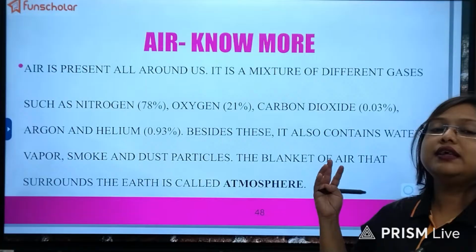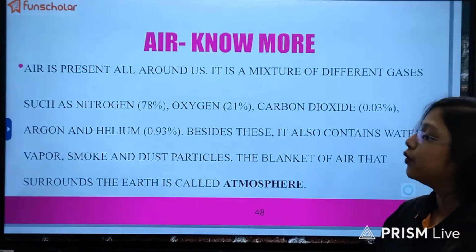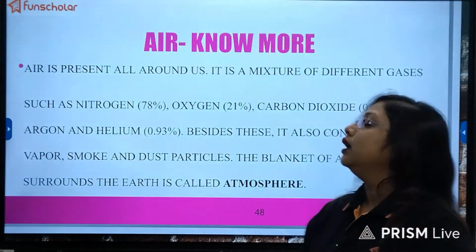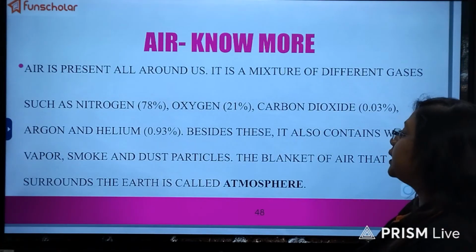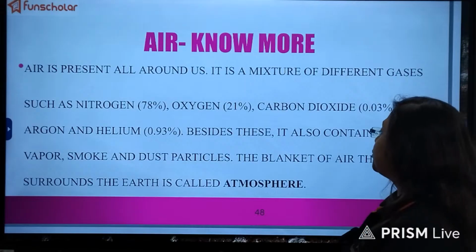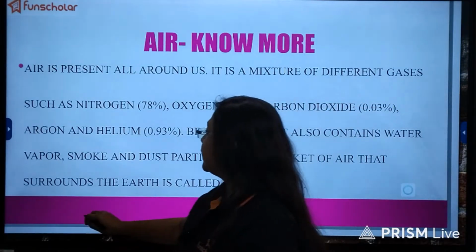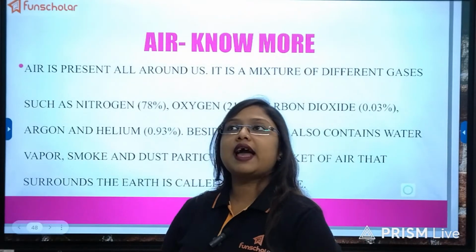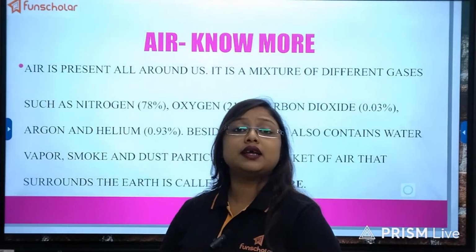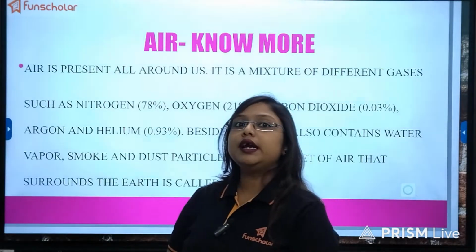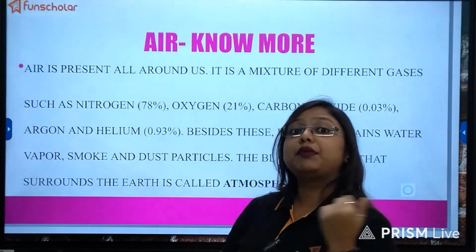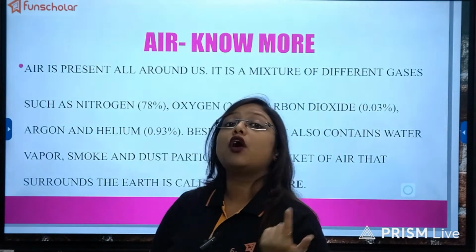It is actually a mixed matter. Then the blanket of air that surrounds the earth is called the atmosphere. We can call it a blanket, like there is air all around us, covering us like a blanket in winter, right?